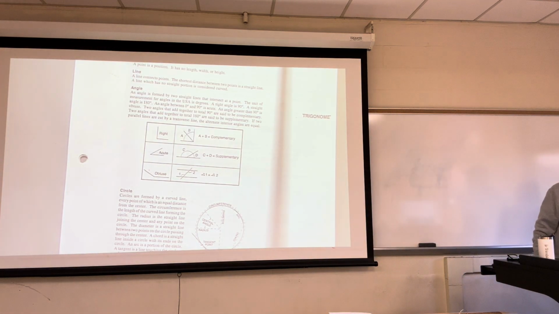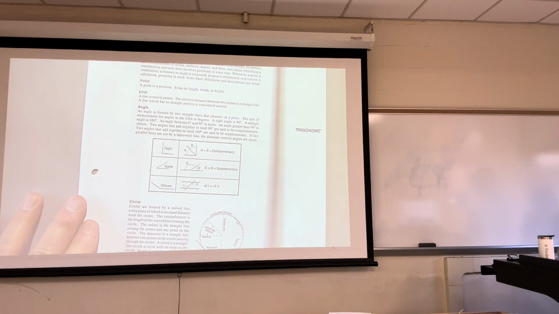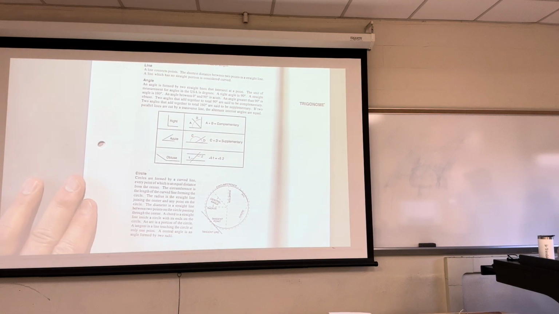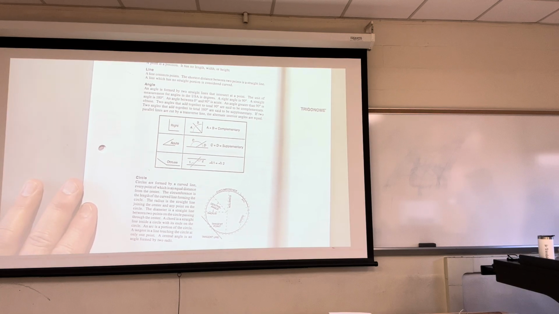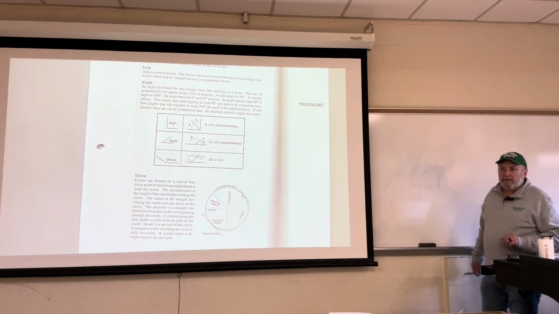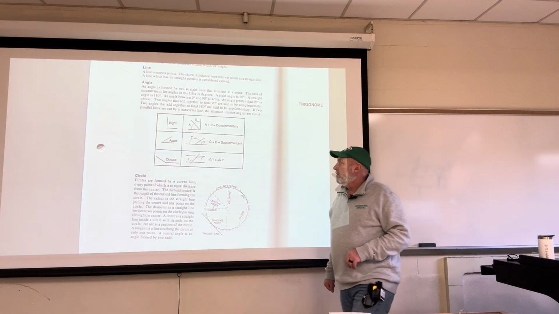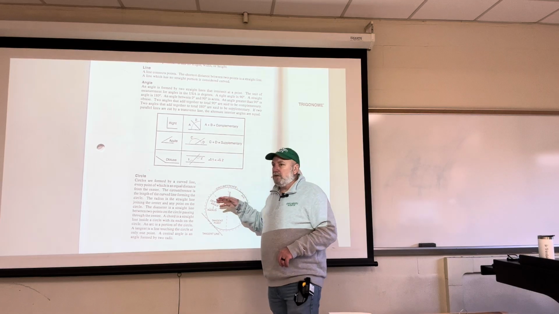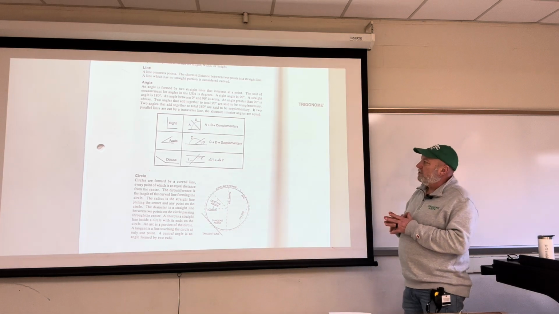This is straight out of our construction book, talking about plane geometry, various angles. You guys all remember geometry from high school probably. Right angles, acute angles, obtuse angles, complementary angles, supplementary angles.